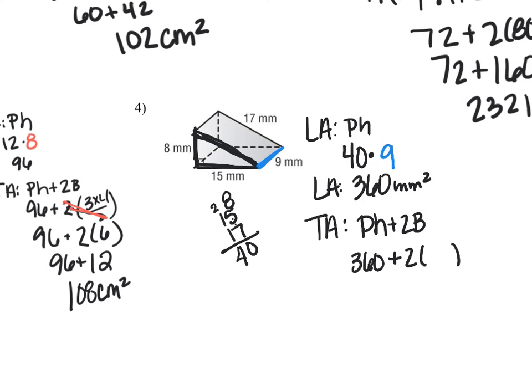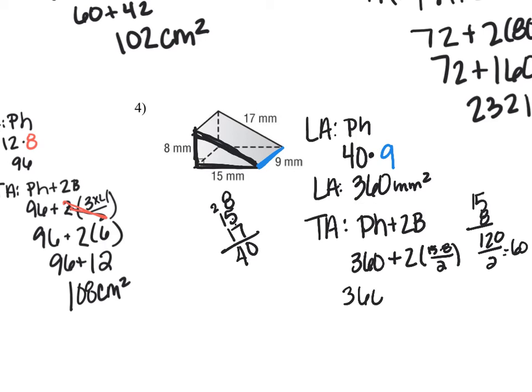Or it's a rectangle. What's the base? Triangle. Okay. So the area is base times height divided by 2. So we would do 15 times 8 divided by 2. Okay, 15 times 8 is 120. 120 divided by 2 is 60.